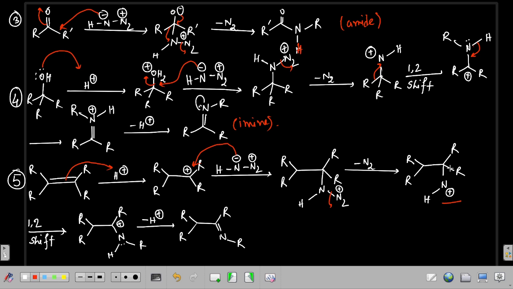After this, this alkyl group will shift from carbon to the nitrogen, which is known as a 1,2 shift. After this, it will abstract this proton, so it will form a type of imine.